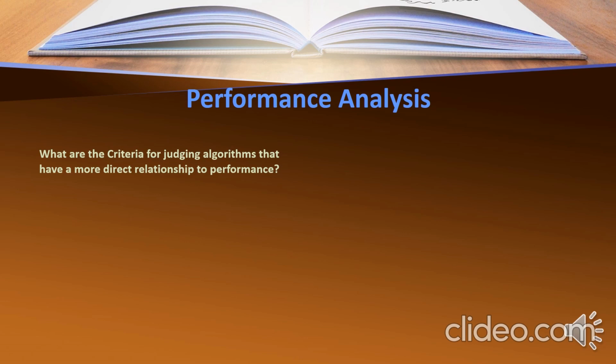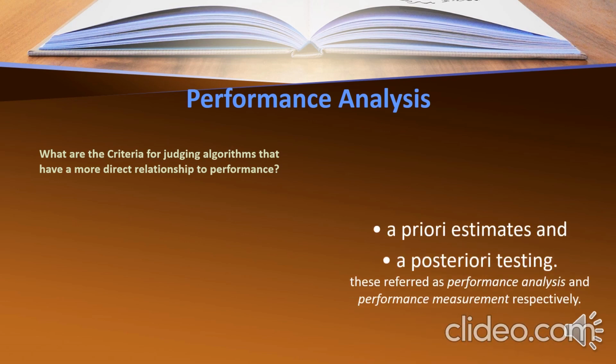What are the criteria for judging algorithms that have a more direct relationship to performance? One is a priori estimates and the other is posteriori testing. These are also referred to as performance analysis and performance measurement. We are going to learn more about performance analysis in the later slides.